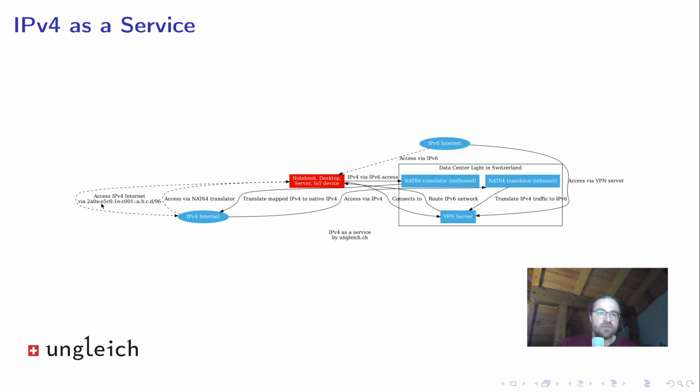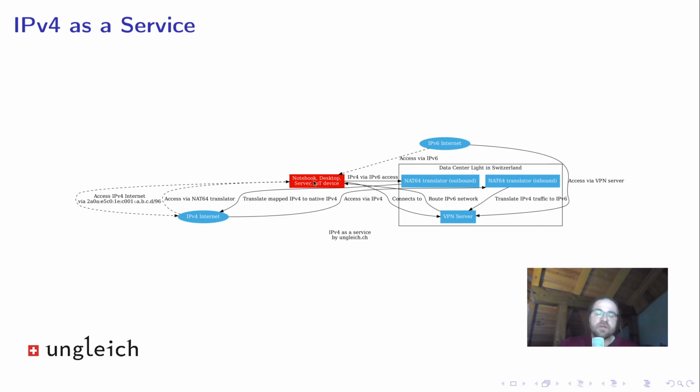This is the 2A0A:E5C0:1E:C001::ABCD, where ABCD stands for the IPv4 address that we want to reach. So this device here will embed the IPv4 address into the Anycast prefix.